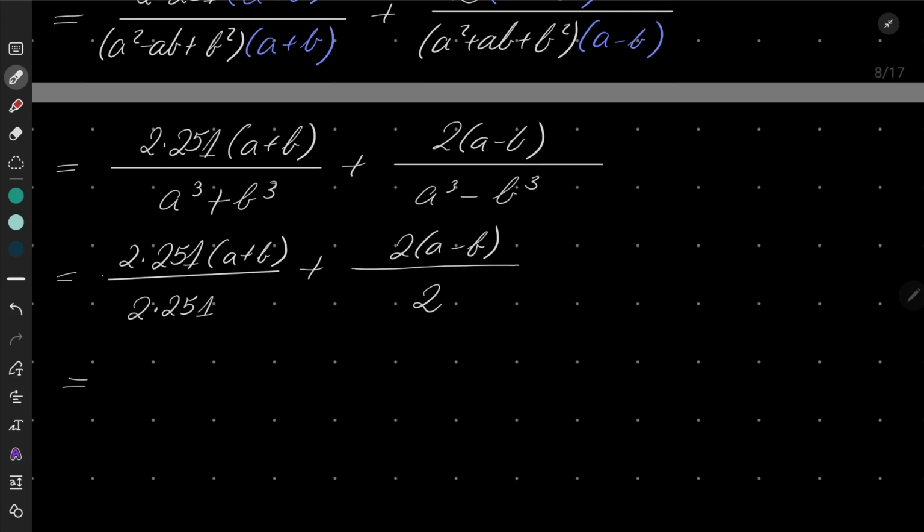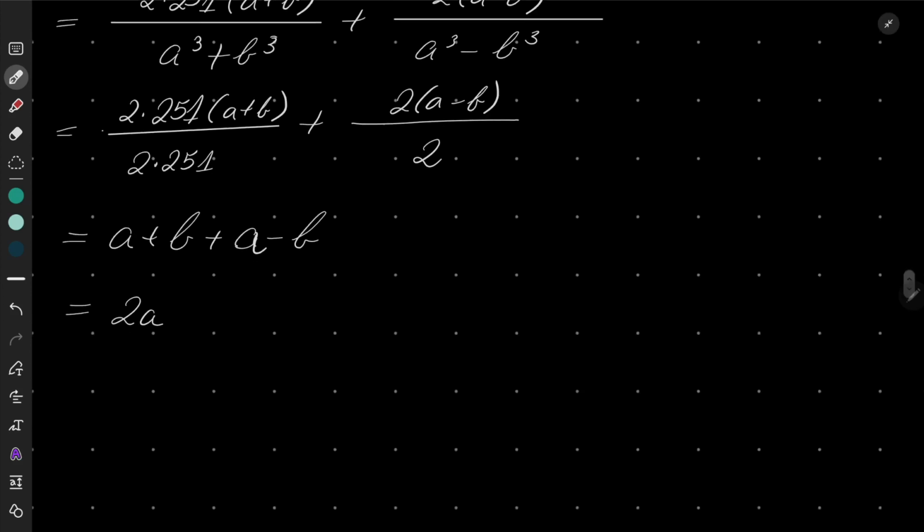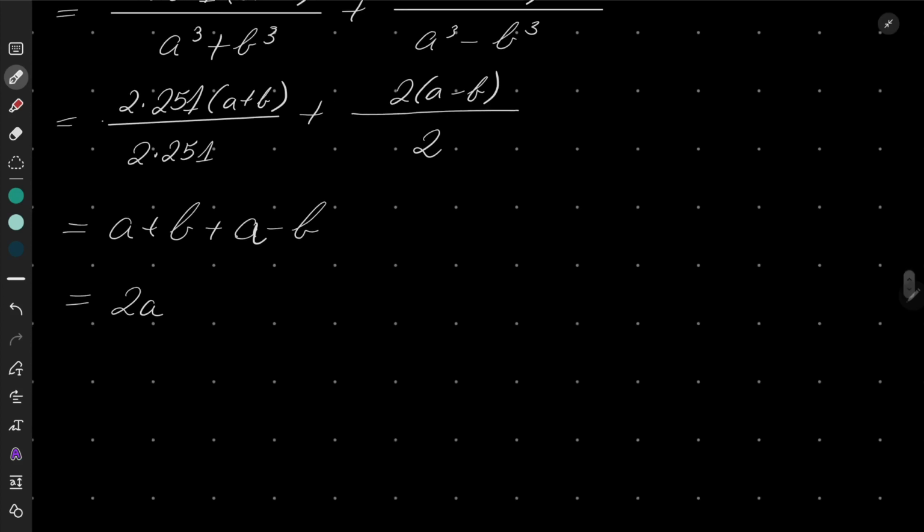After reducing by 2 and by 251, we get a plus b plus a minus b, which is 2 times a. Wow, would you look at that? And a, recall that it was the cube root of 252.